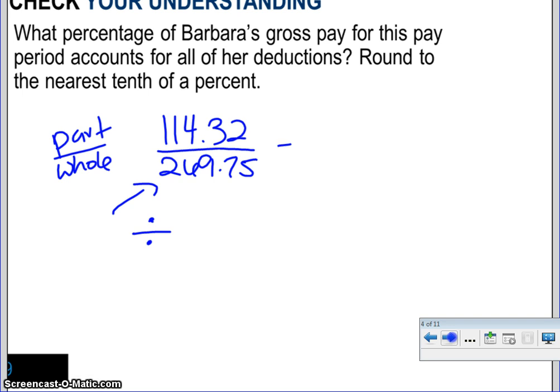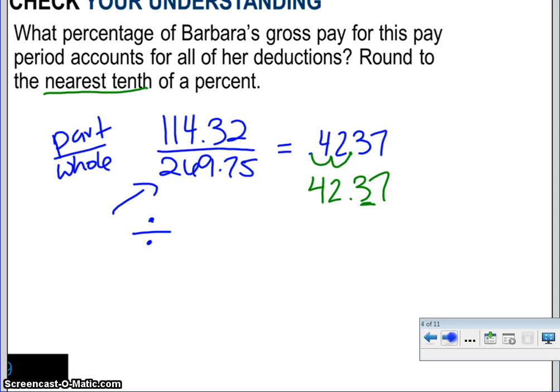So when I divide, I get 0.4237. If I move the decimal point over 2 times, because I'm converting from a decimal to a percentage, I get 42.37%. However, it said to round to the nearest 10th, so my 10th spot is this 3.